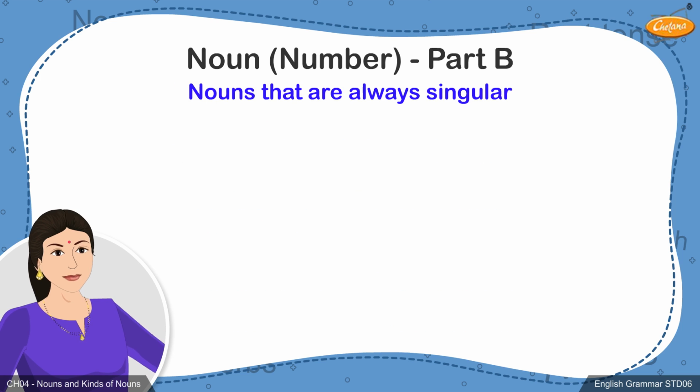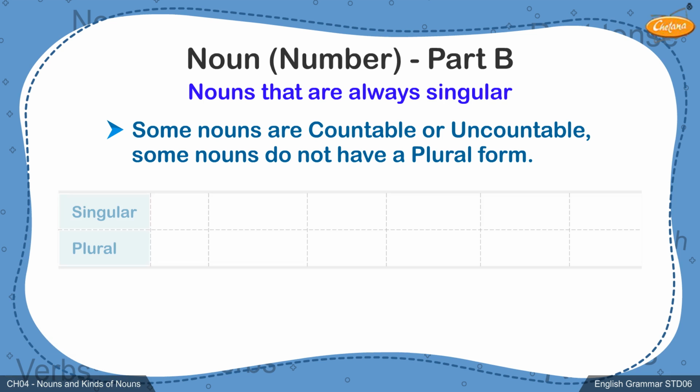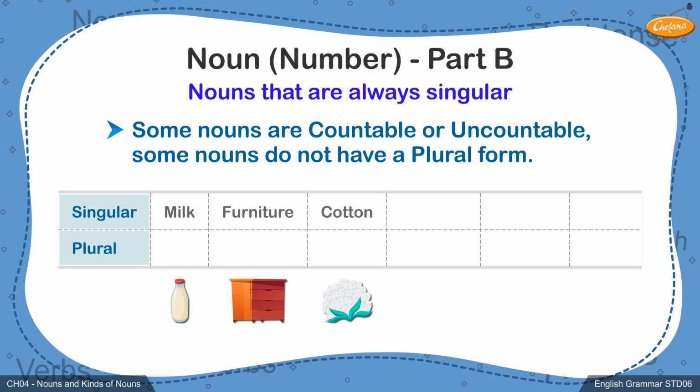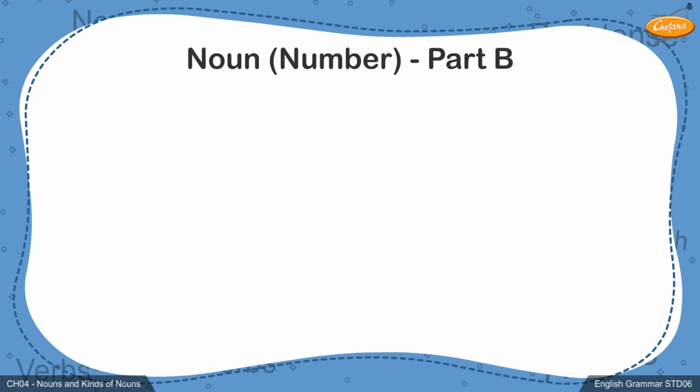There are some nouns that are always singular. Whether some nouns are countable or uncountable, some nouns do not have a plural form. For example, words like milk, furniture, cotton, luggage, wisdom, music, etc. do not have a separate plural form.